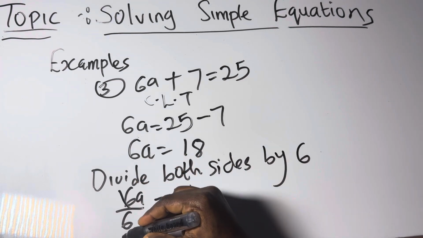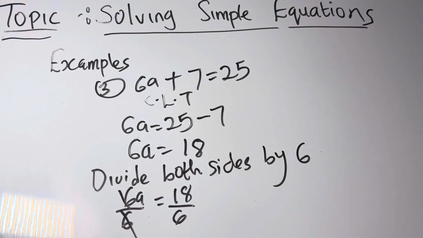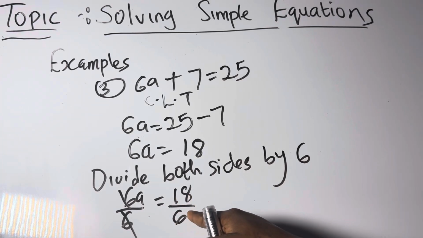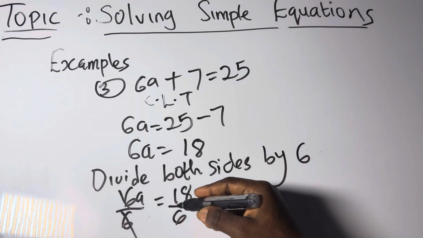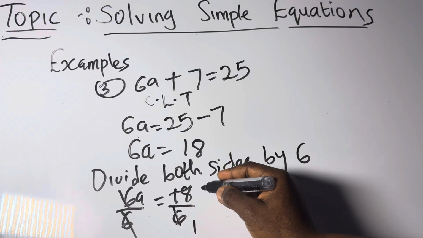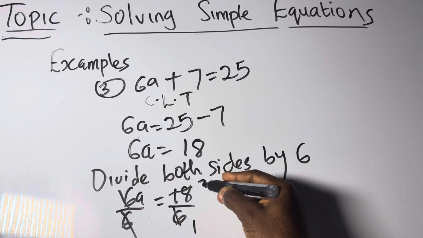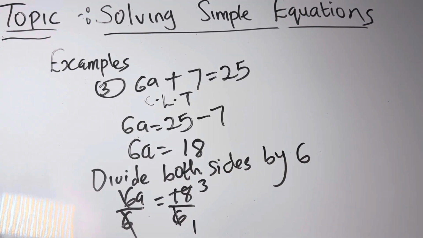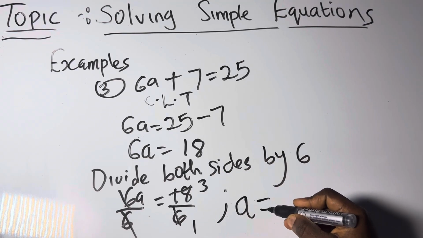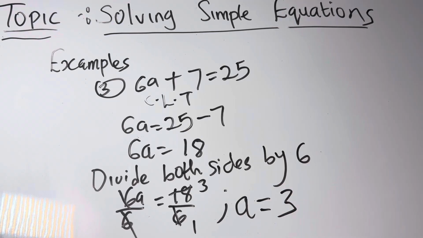Now, 6 is going to cross out 6. We are left with a equals 18 divided by 6. 6 here 1, 6 in 18 gives 3. That means the a equals 3. Do you understand?